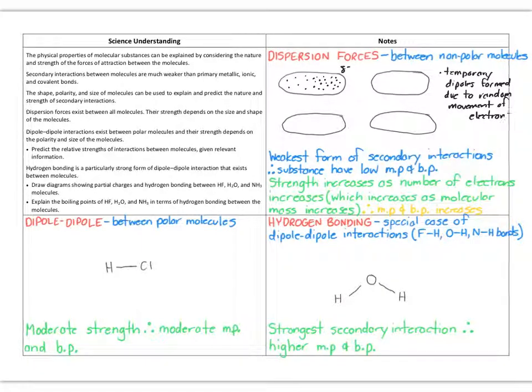Now, once this happens, this atom here has got lots of electrons at this end. So those electrons, like charges will repel, will tend to push the majority of the electrons down to this end of the molecule, and we are likely to have a lot less electrons at this end.